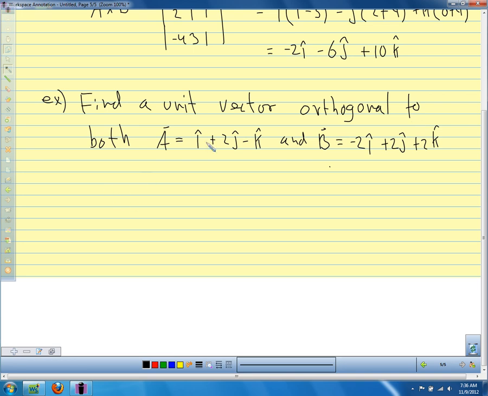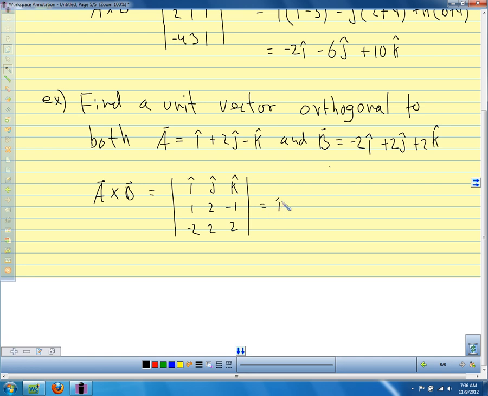So we'll carry through and calculate our cross product here. A cross B is orthogonal to both, so I'll just do A cross B, and we'll do my determinant form. So I get 1, 2, negative 1, and negative 2, 2, 2. If you're given a two-dimensional vector, and we want to form a cross product with a three-dimensional vector, or two two-dimensional vectors, we just enter a 0 for the k component, and that's how we would form our cross product.